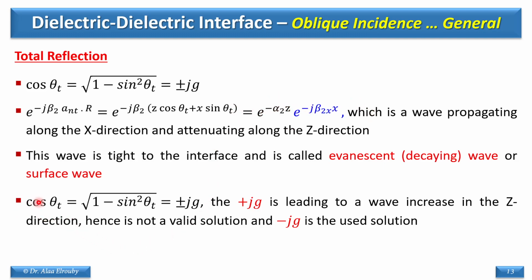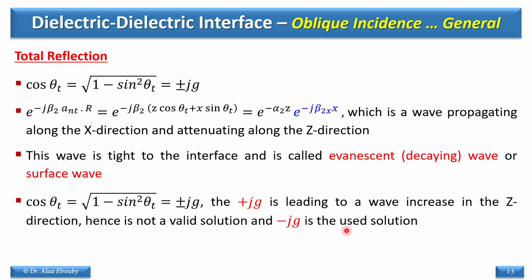For cosine theta t, it equals plus or minus. If we took the plus, this means that there is a wave amplification, which is not physical, because if we go further, the amplitude of the wave will go to infinity, which is a non-physical solution.